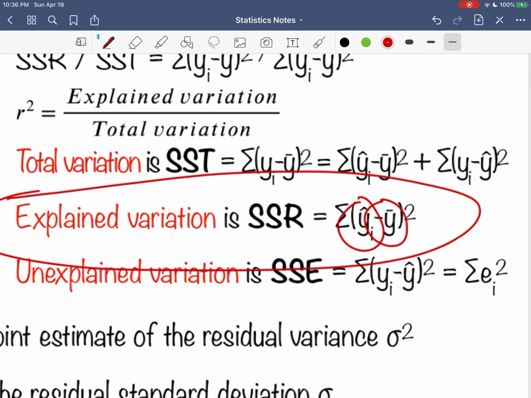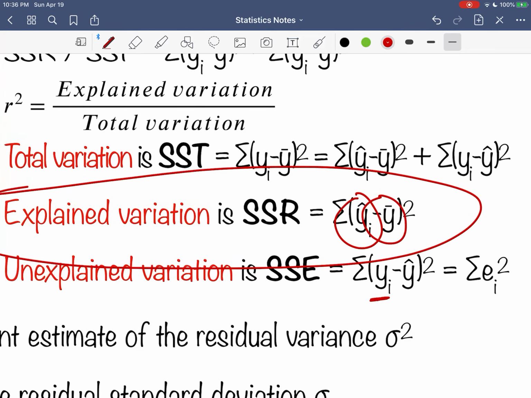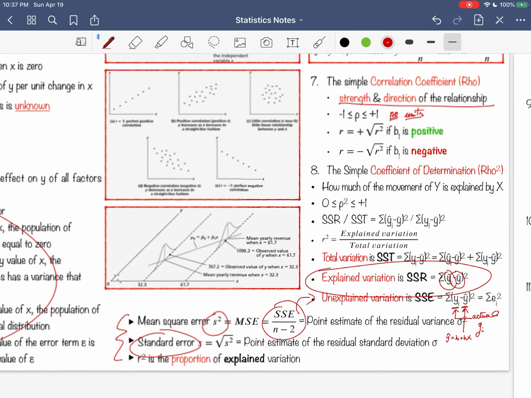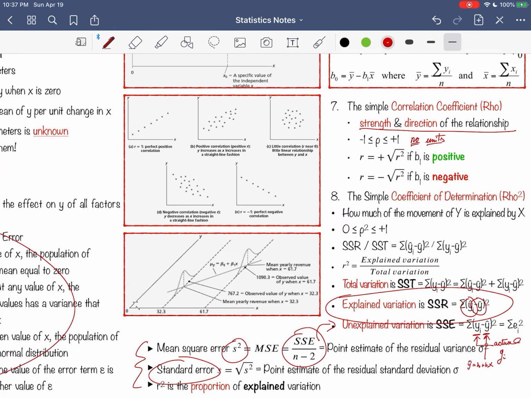Essentially, it is the difference between the actual observed Y, so actual yi, and the predicted y. So you get this from the equation, y hat is equal to b0 plus b1x. So that's how you calculate the standard deviation of the error terms.